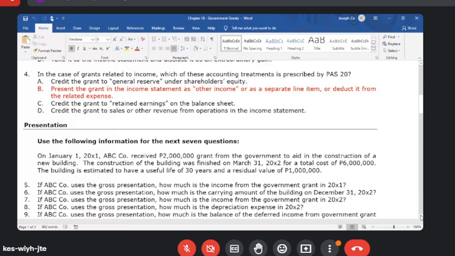Either a deduction from expenses or an addition to income. Either of the two is fine, since the effect is the same. It is a matter of presentation.